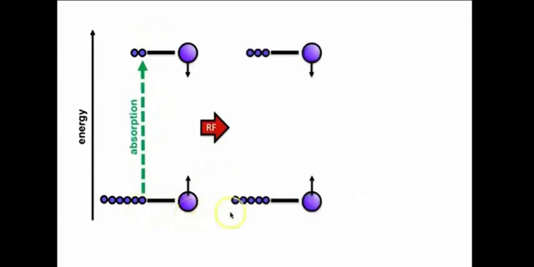When we apply external RF radiation, they absorb energy and move to the higher level, and the beta level population increases by 1.